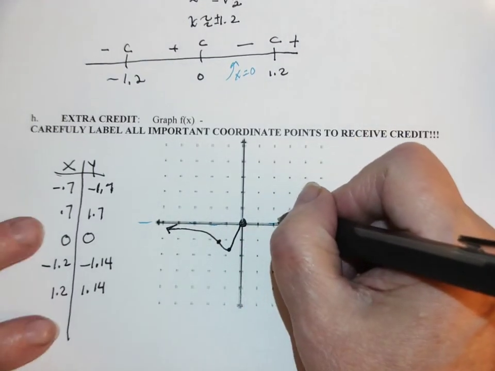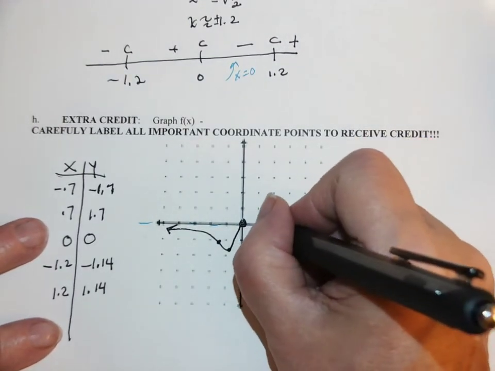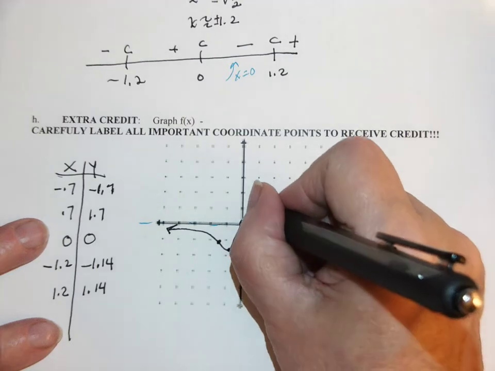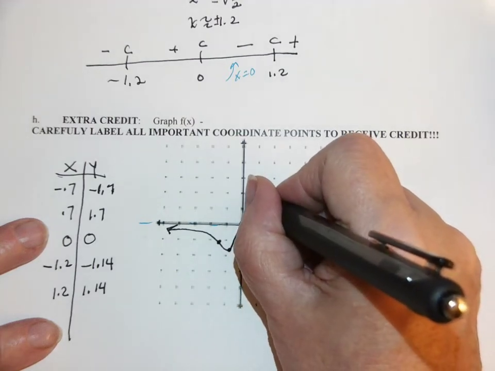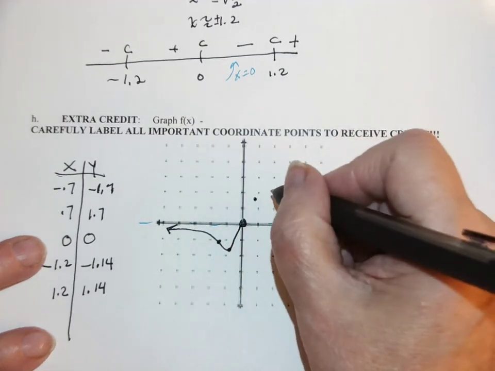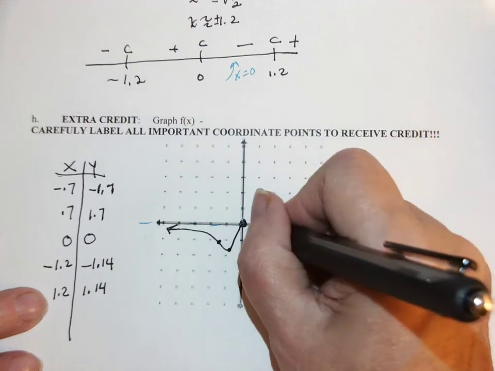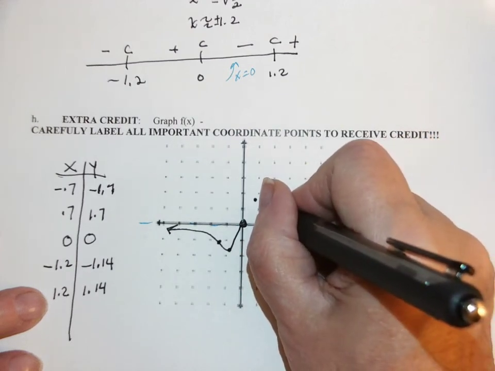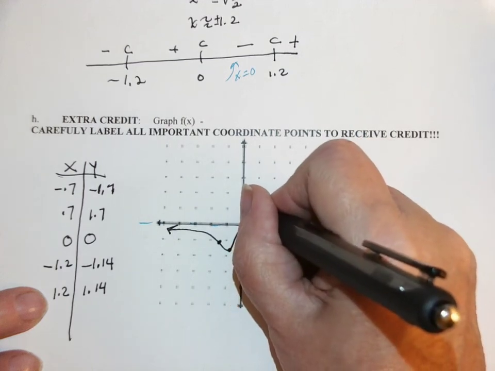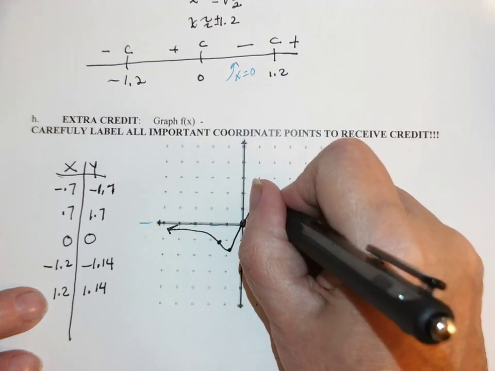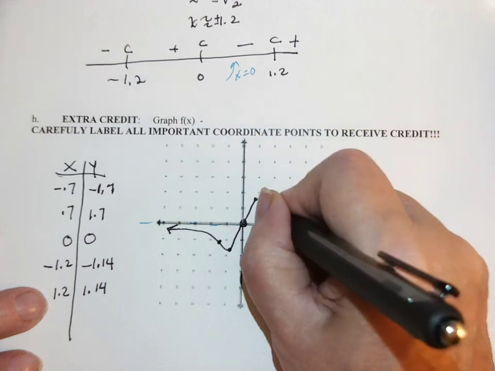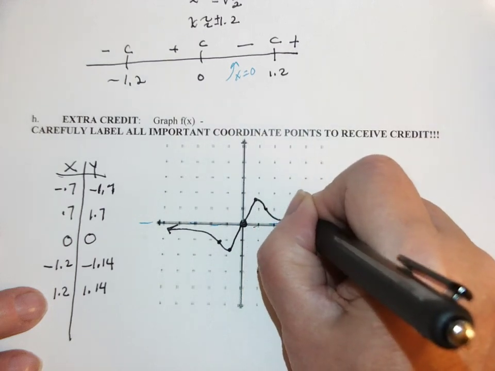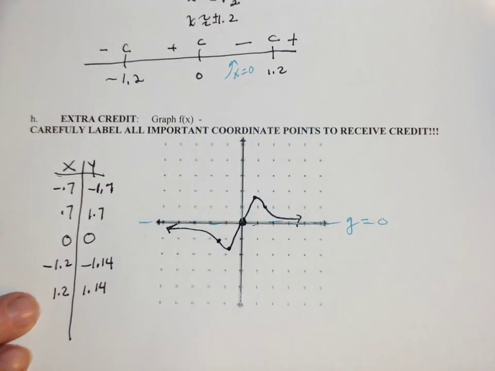On the right-hand side, at about 3/4, he is about 1 3/4. And at 1.2, he is a little over 1. So concave down, and then concave up. And that's what he looks like.